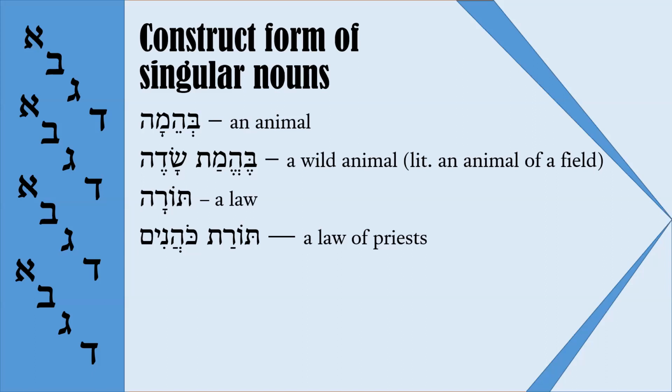Let me give you some more examples. For example, Olah. Olah is a burnt sacrifice. So how can we make the construct, the burnt sacrifice of a king?